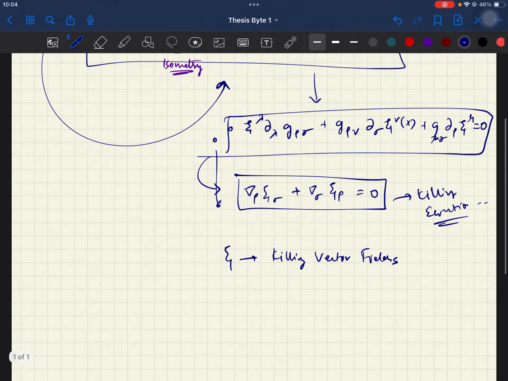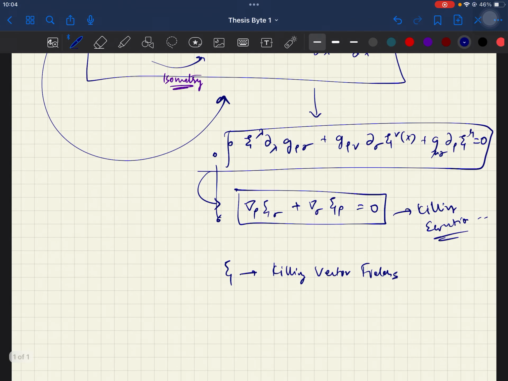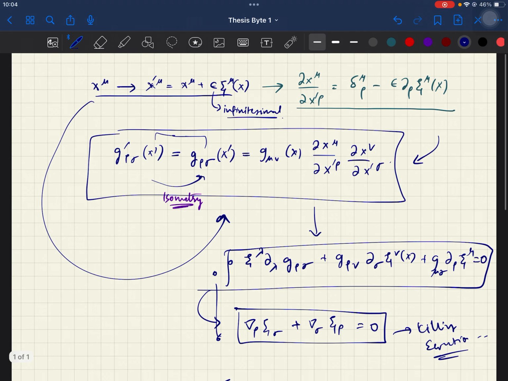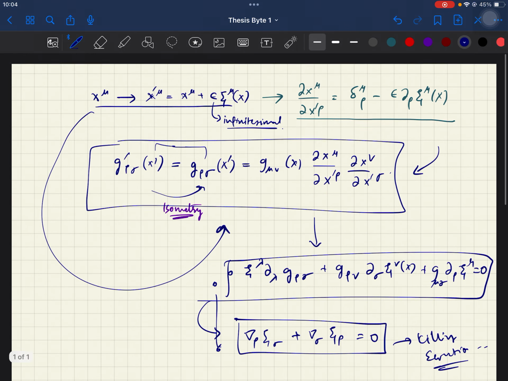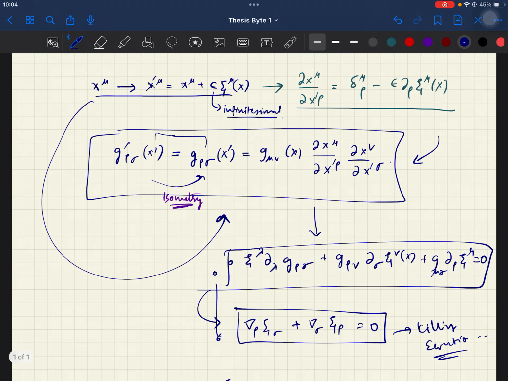So basically, killing vector fields are those vector fields for which, when you follow the transformation in those directions, you get an isometry. And isometries are good because they preserve your metric. You go to a familiar place, you change coordinates, your whole metric changes into something simpler or more complicated, but it's the same thing.